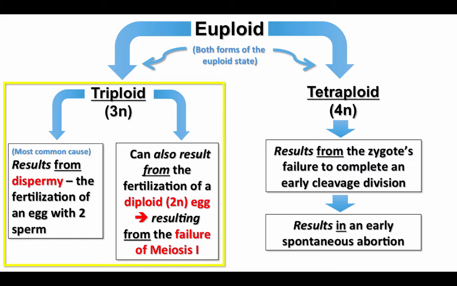The sperm has 23 chromosomes. Therefore, the fertilized egg or zygote again possesses 3n chromosomes because you have 2n from the abnormal egg plus 1n from the normal sperm equals a total of 3n. And again, if you insert 23 for n, because n equals 23 in humans, the total number of chromosomes in the resulting fertilized egg or zygote is 3 times 23 equals 69.